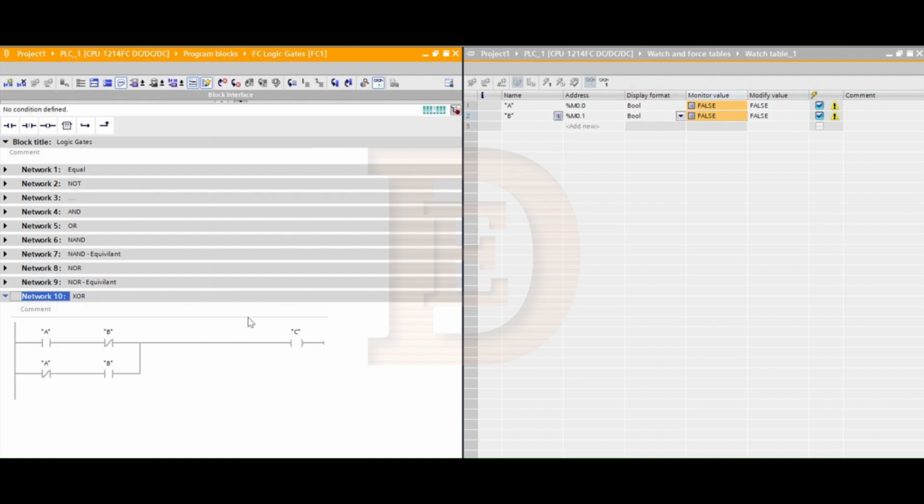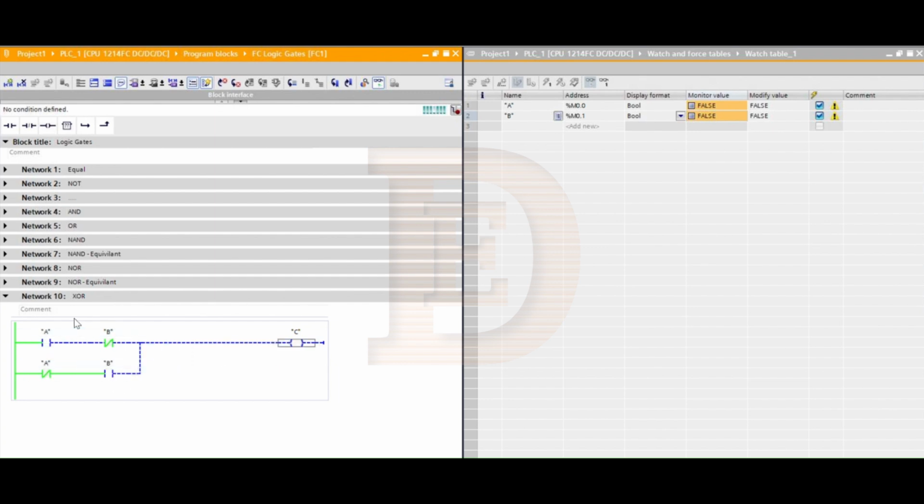Now we're looking at the XOR. The XOR is basically saying A not B or not A, B. Okay, so we're going to look at this. So true, false, false, true. If this branch is true, C will turn on. If this branch is true, C will turn on.